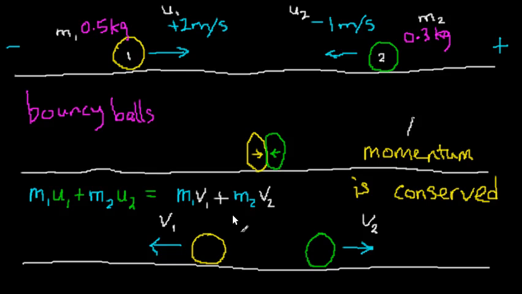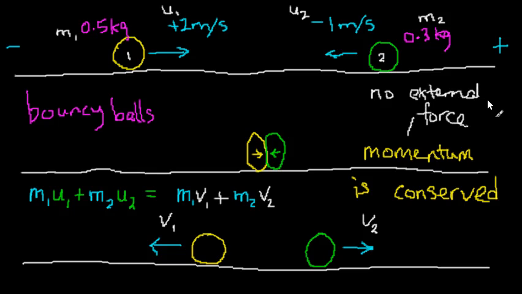There must be no force coming from outside when we say that momentum is conserved. So we are going to assume that there is no force from outside, no external force.